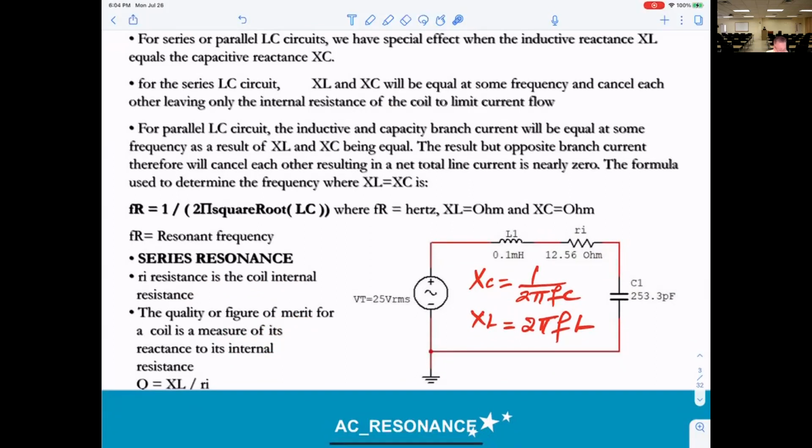So if you want to calculate the Q, the quality of the coil, you can take XL divided by RI. Now, what does that Q mean? Q is just telling you how good the coil is supposed to be.